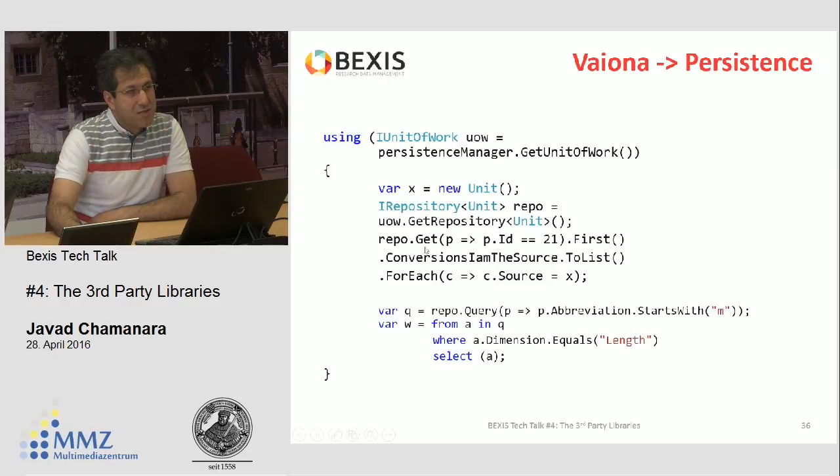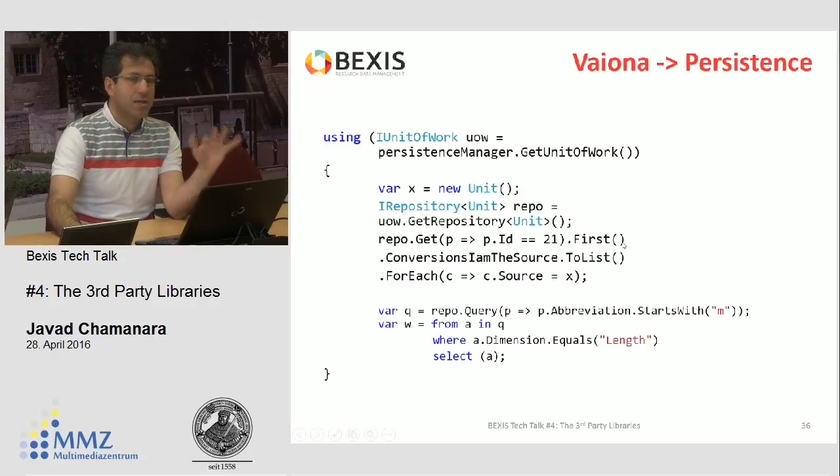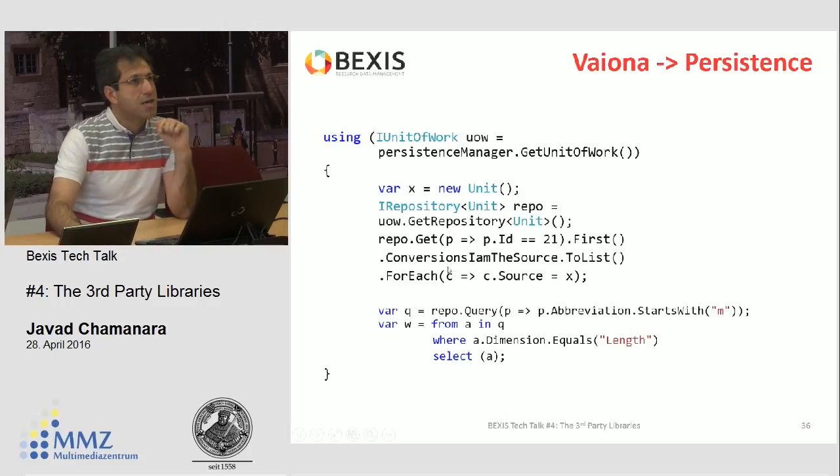But with the repositories, you are able to navigate over the relations also. So in this case, the result of this query from here to here would be a single unit. And then because units are participating in conversions, in this case, I am going to traverse over the conversions that this unit is the source of. So I'm getting a single unit. Tell that unit to go over the conversions that you are the source of, populate them.